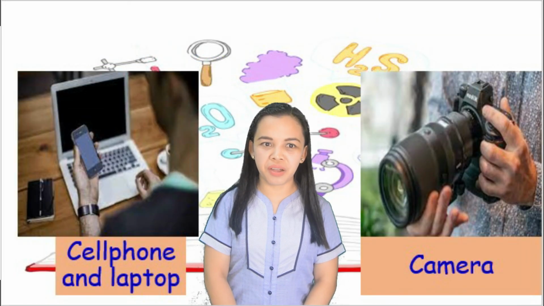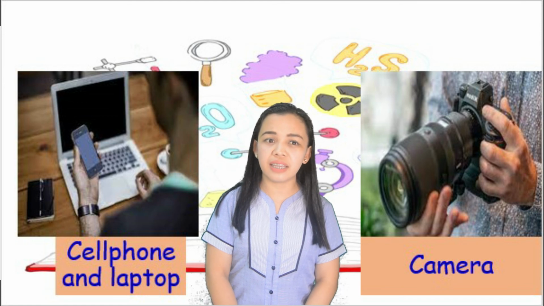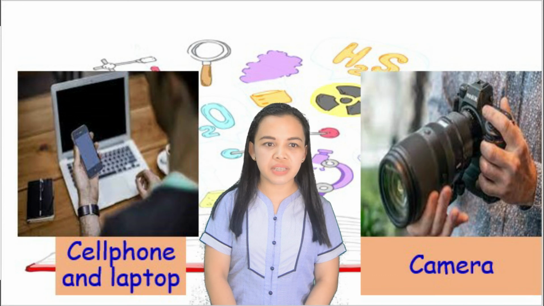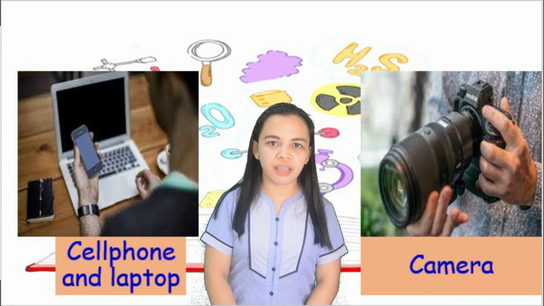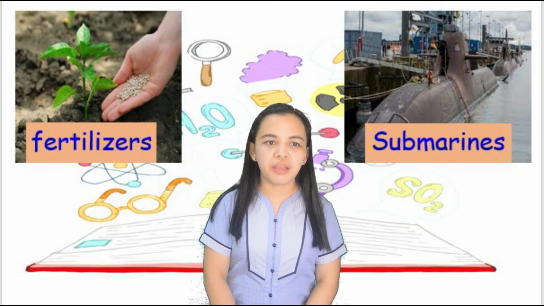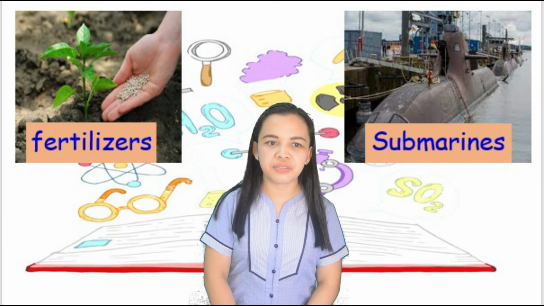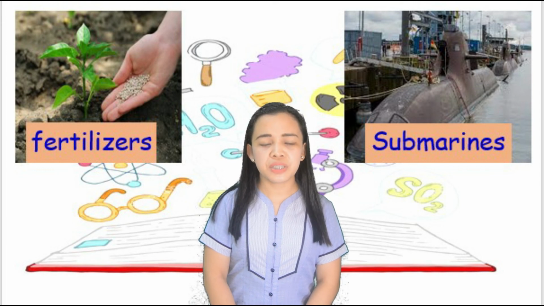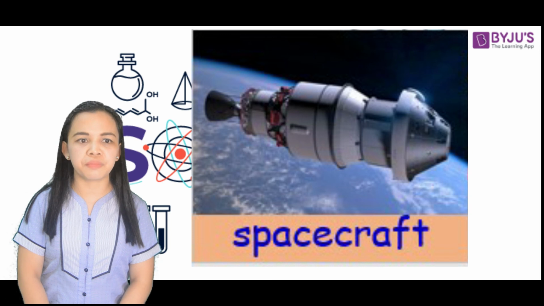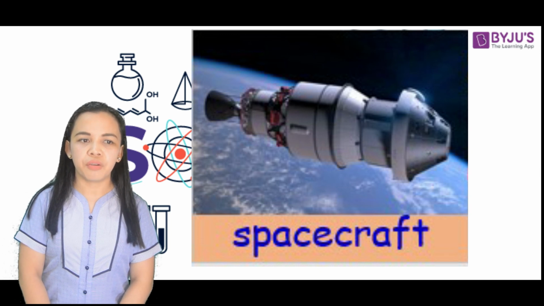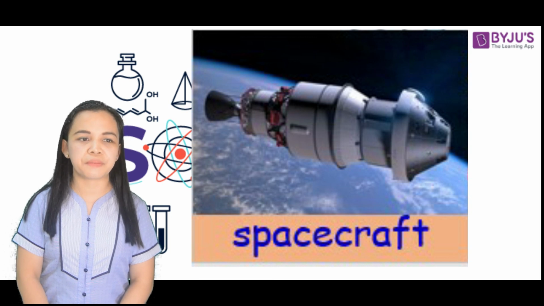Magnesium is both strong and light, which makes it ideal for manufacturing of cell phones, laptops, and cameras. Next, potassium. Potassium is used in fertilizers and submarines. Spacecrafts have potassium superoxide, which supplies oxygen to the people inside the spacecraft.